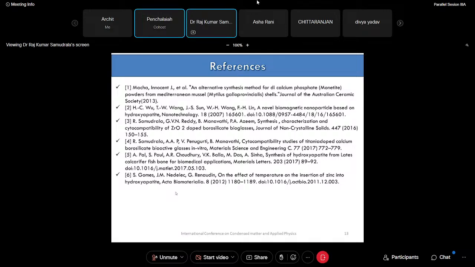Recent papers, and some papers are also there. This work is a long back paper, and we are making nano materials with this. This is a simple synthesis method only that I presented. Some other work, some different applications are there. I am not mentioning those applications.